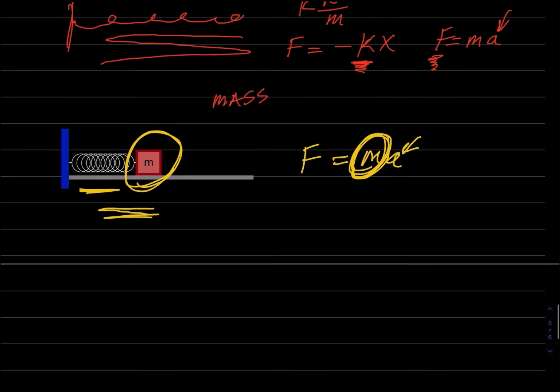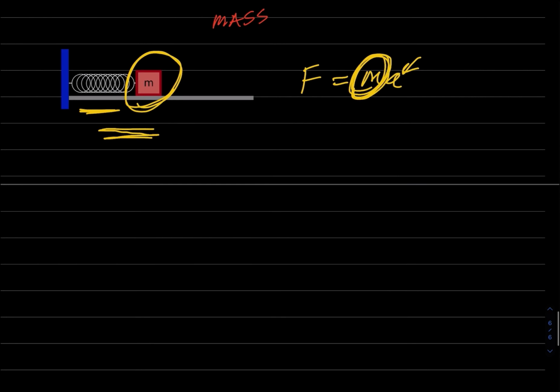The frequency of oscillation of the mass on the spring, how fast it goes back and forth, the number of full cycles per second, equals 1 over 2 pi times the square root of k over m. That's the square root of the spring constant divided by the mass that the spring is attached to.